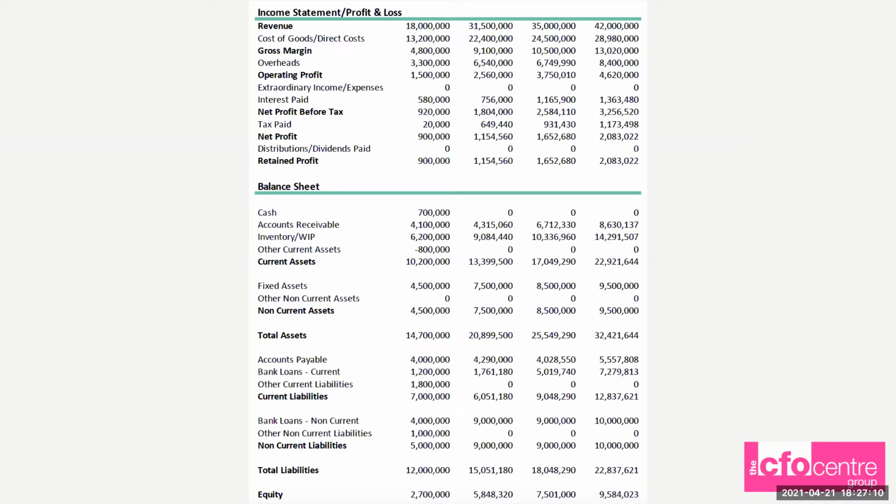Yep, good observations. Anyone else from room number one have anything to add?